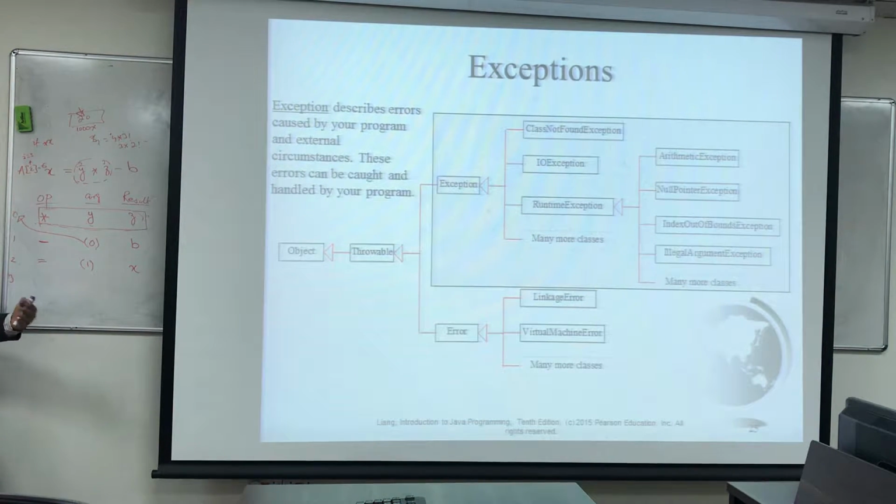There can be different reasons for the exception. The file is read only and you try to write it, so an exception will be thrown. You give a wrong file name, an exception will be thrown. So there are different possibilities of having an exception, and all those types of exceptions you handle by this family.